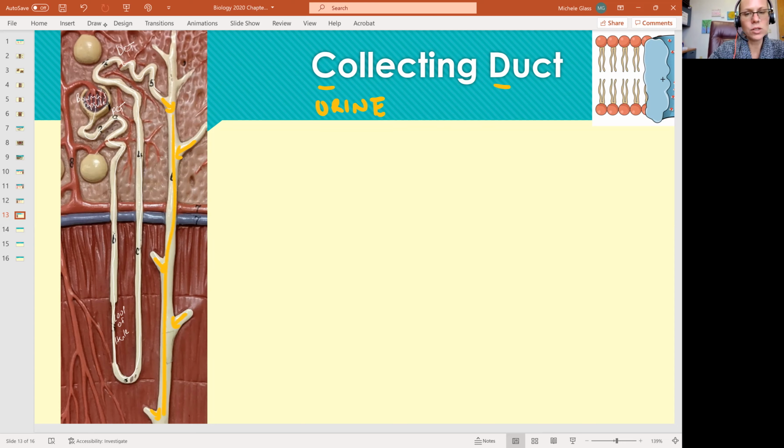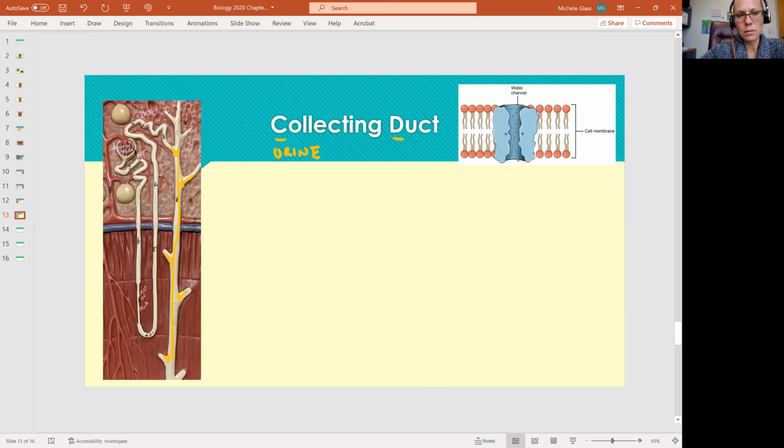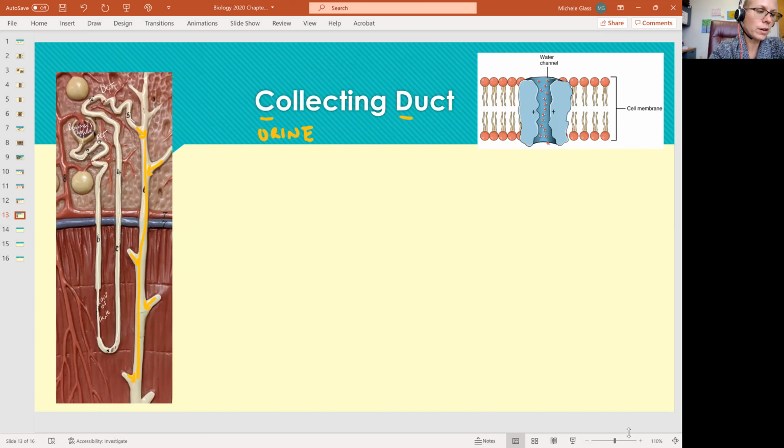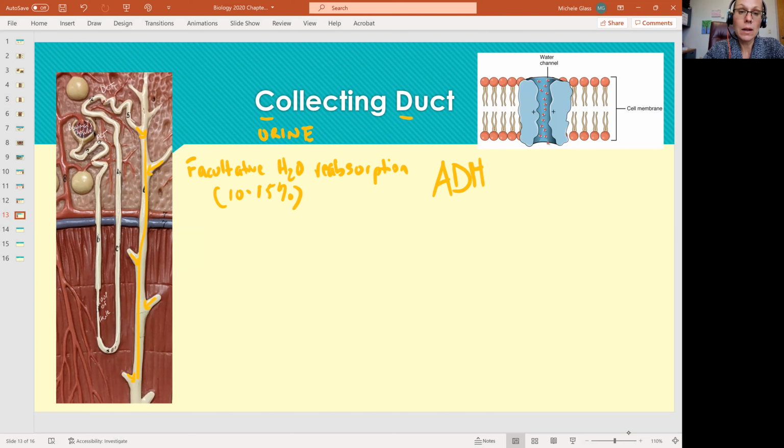And when we talk about the job of our collecting duct, we'll see the job of our collecting duct is again facultative water reabsorption. And so the facultative is talking about that remaining 10 to 15% of water can be reabsorbed when under the control of the hormone vasopressin, or ADH, which stands for, remember, antidiuretic hormone.